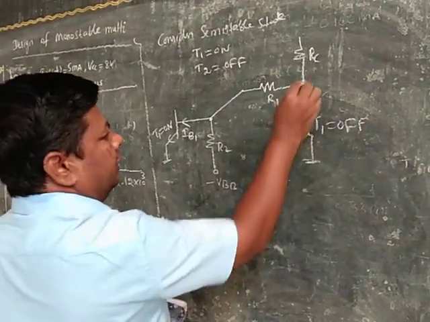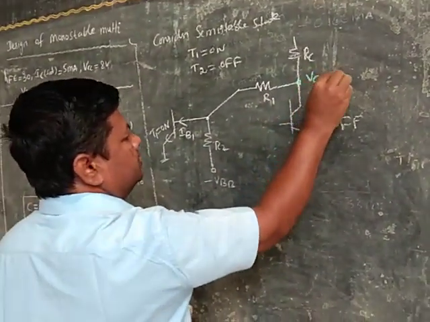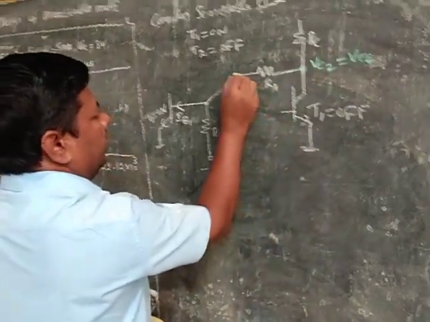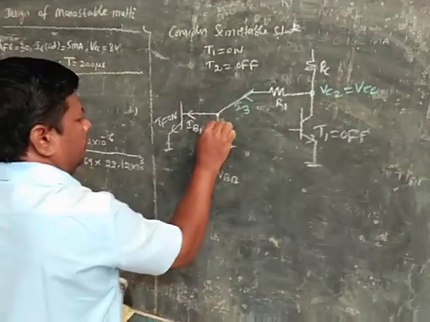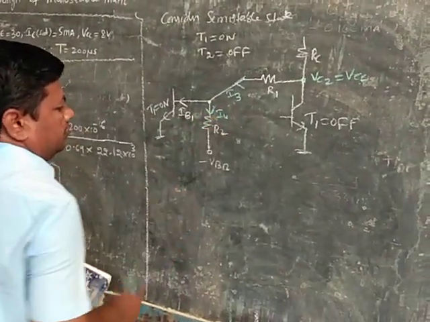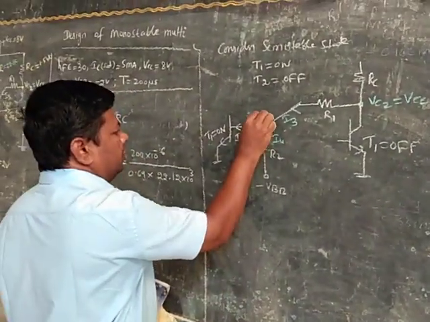Now currents, here the VC2 is equal to VCC, and the current flowing in this one, let us assume, is I3 current, and this is I4.